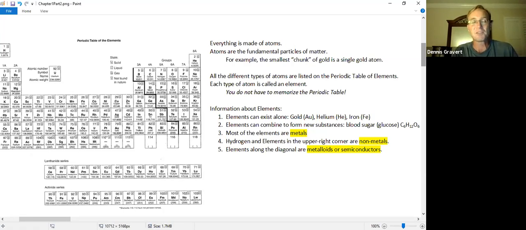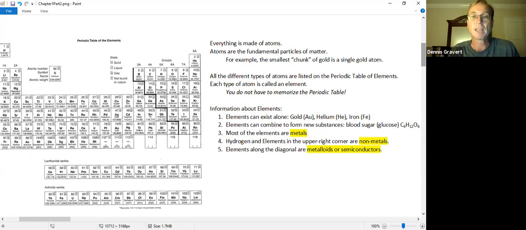So for example, if you had a gold nugget and you took a little piece of that and cut that little piece into a smaller piece and took that tiny piece and cut it again and again and again, eventually you'll come to the smallest chunk of gold. And what we imagine that to be would be a single atom of gold. And if you could cut it again, split the atom, the two pieces would no longer be gold.